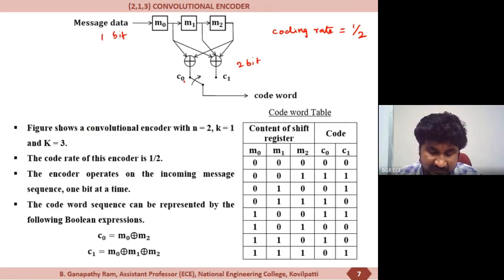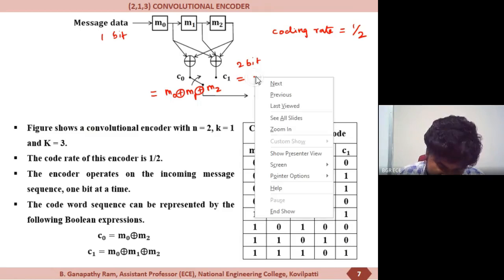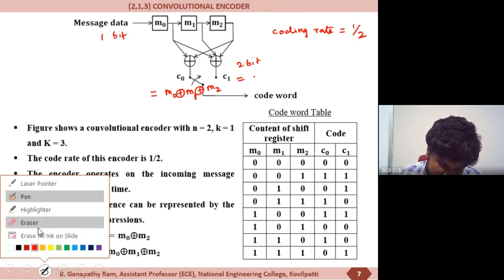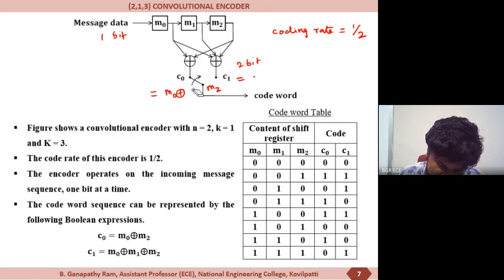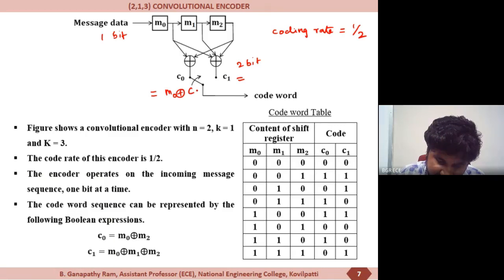And let us consider that C0 is generated with the help of M0 XOR M1 XOR M2, and C1 is generated by M0 modulo 2 with M2, C1 is generated by M0 modulo 2 with M1 modulo 2 sum with M2.